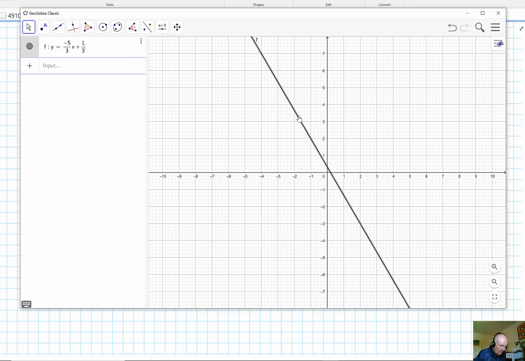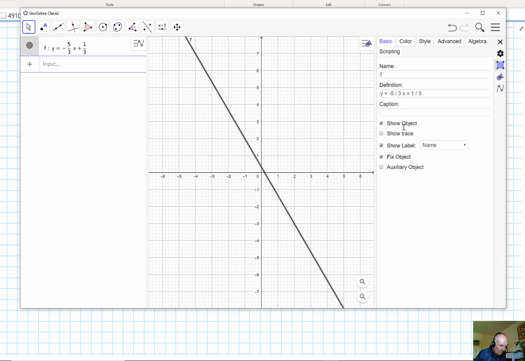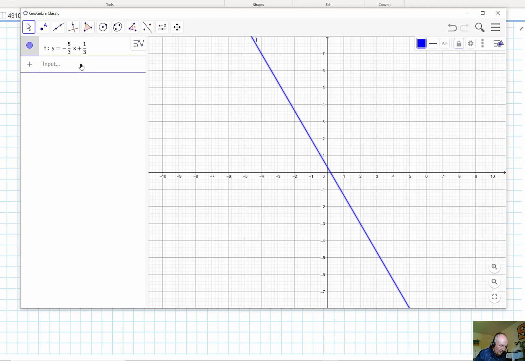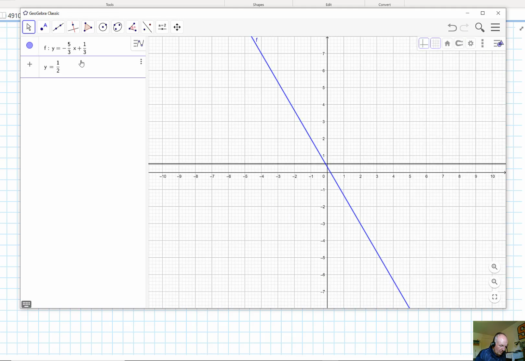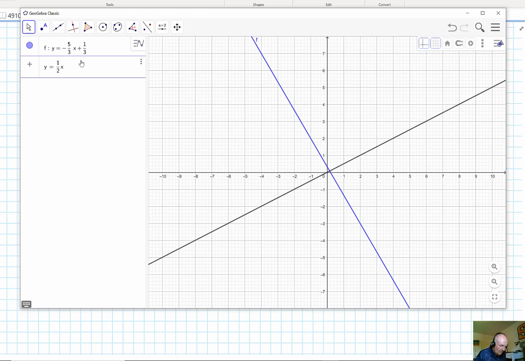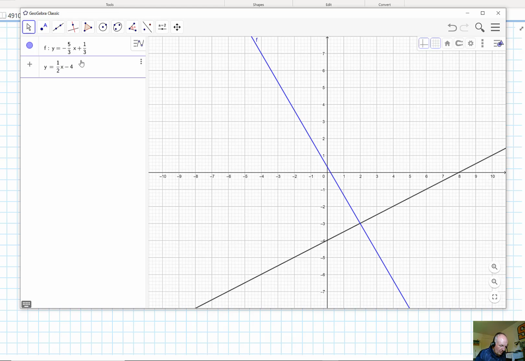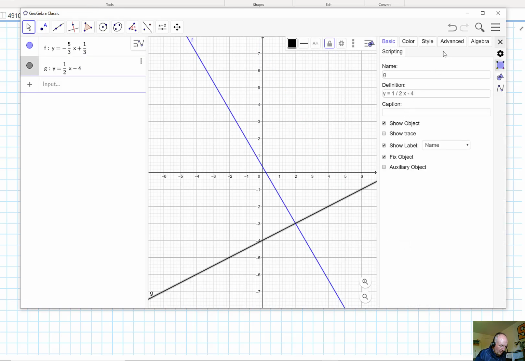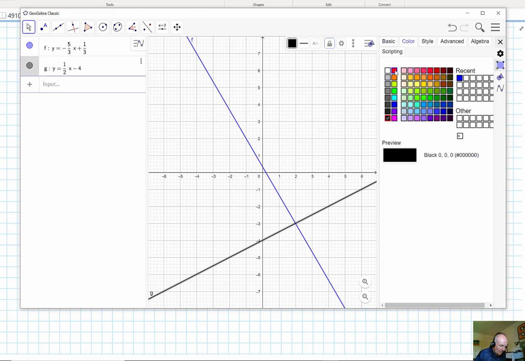Of course, the nice thing with GeoGebra is you can doll these things up. You can add color and whatnot. y equals 1/2 x minus 4, I think. And there it is. And there's our color.